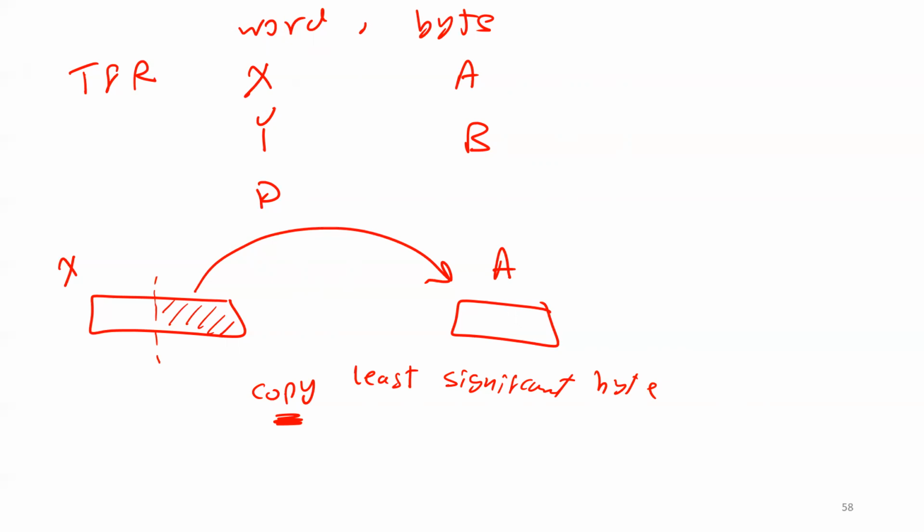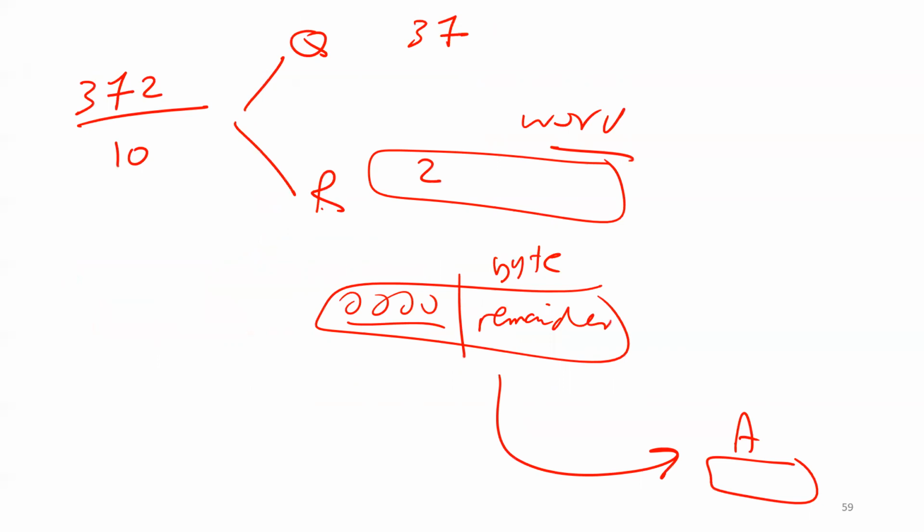I'll give you one example we're going to do in this course. Again, this is like a tool. Maybe we can use it in different ways, but at least this is one example. You are going to need something like that later in this course. If you have a number like 372, for example, and I want to display this number on the LCD, I have to do some operations in order to get 2, 7, and 3 out of this number.